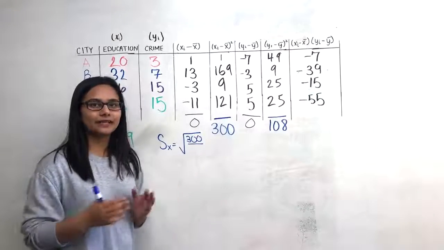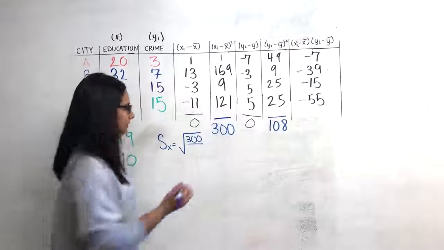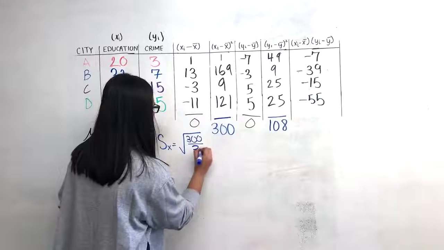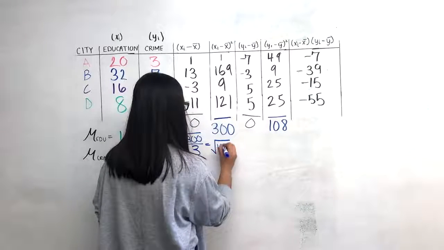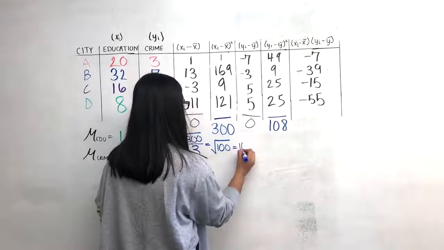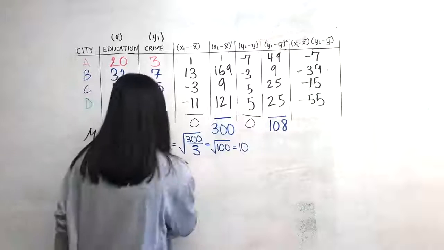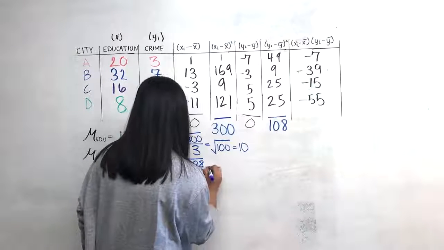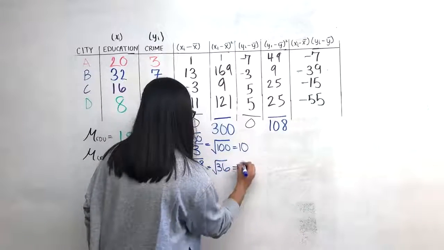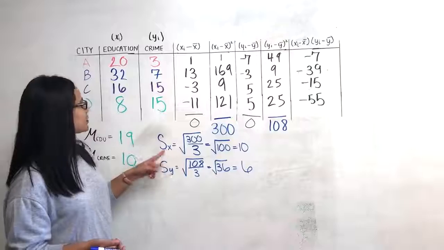Degrees of freedom is n minus 1, and since we have 4 categories, it would be 4 minus 1, which is 3. So 300 over 3 equals the square root of 100, which equals 10. And you're going to do the same process, but now for 108. These are our standard deviations for education and crime.